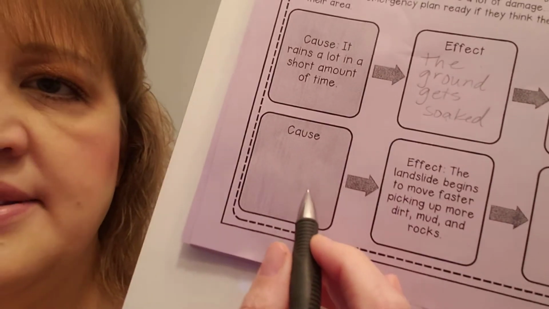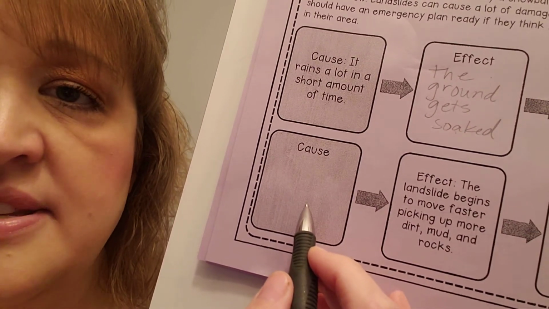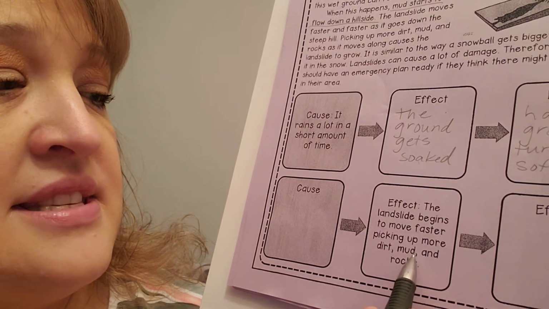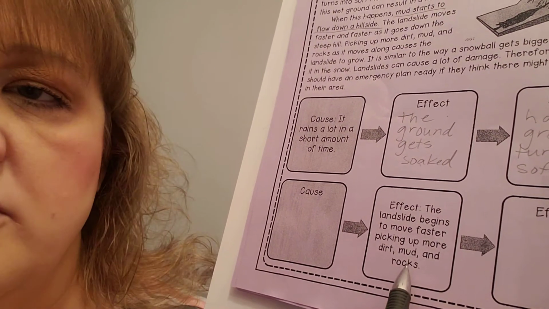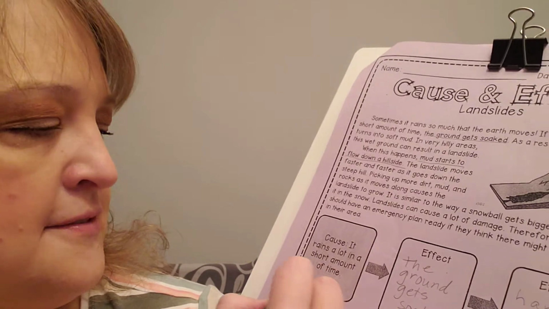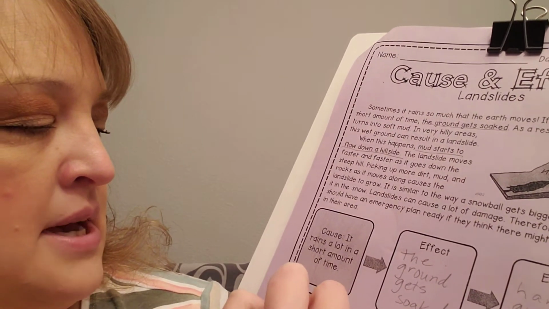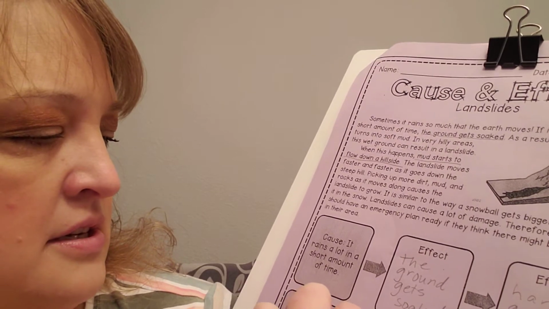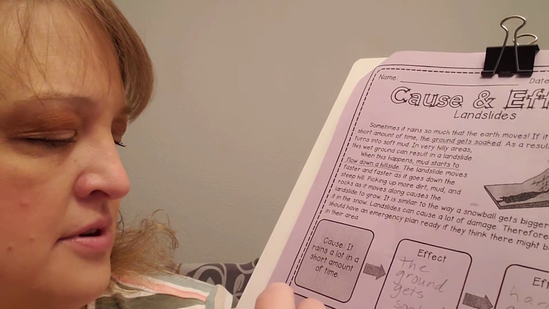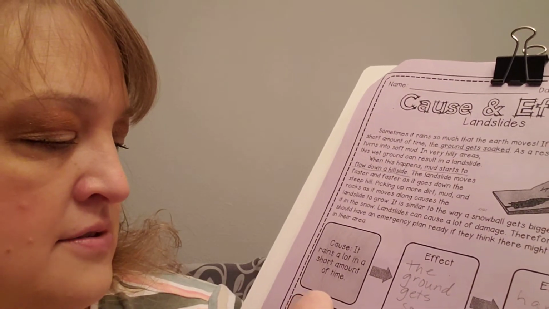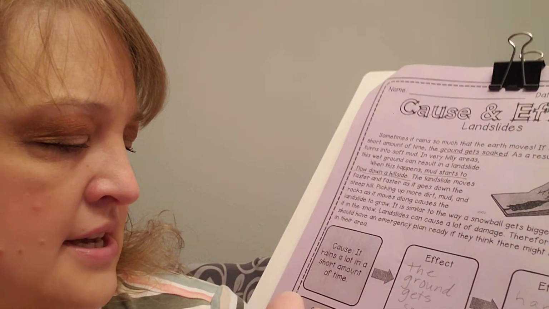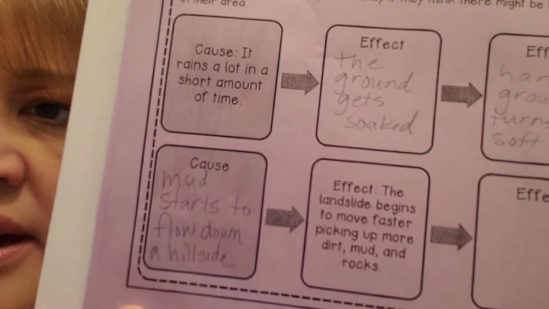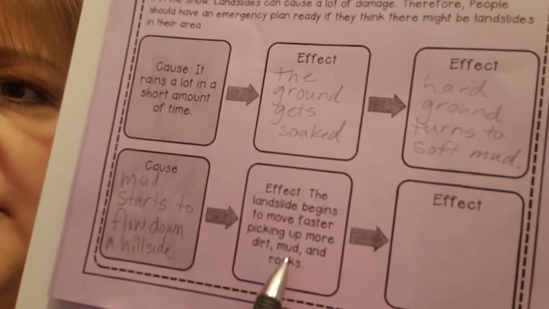So, that's the cause. The cause is mud starts going down a hillside, and then the landslide begins to move faster and faster, picking up more dirt and rocks. So, let's write that down. Mud starts to flow down a hillside. All right, so that was the cause. Here's one of the effects.